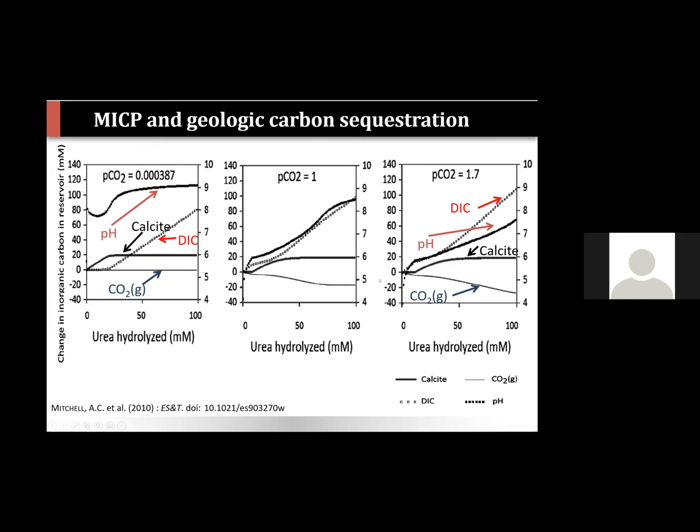And what we see over time, as we induce precipitation via hydrolysis, is that this enhances the overall trapping of dissolved carbonate in solution and an associated decrease in carbon dioxide in the headspace as ureolysis develops.